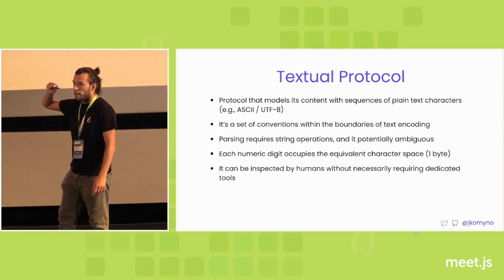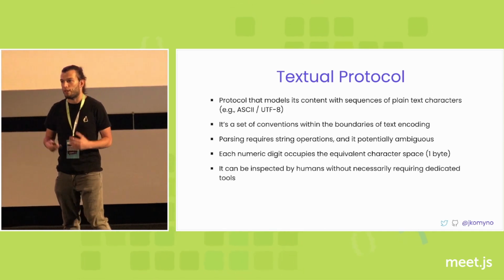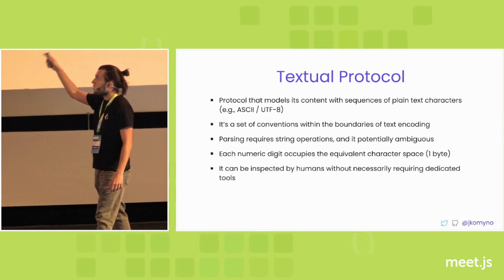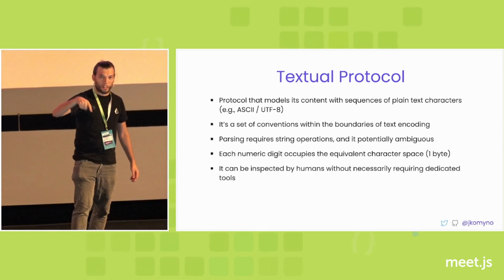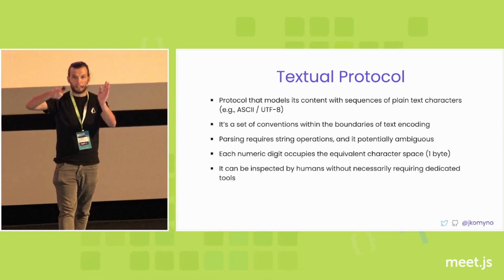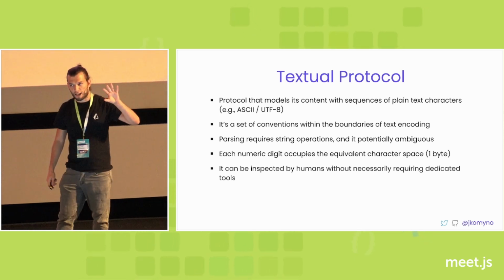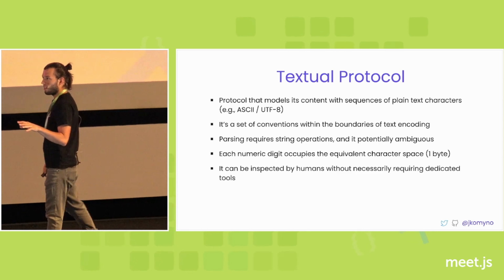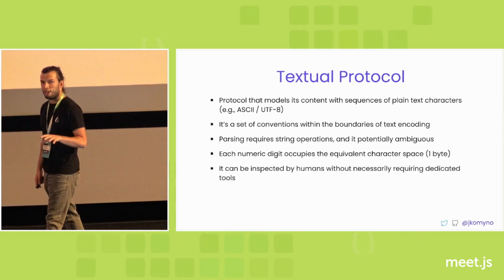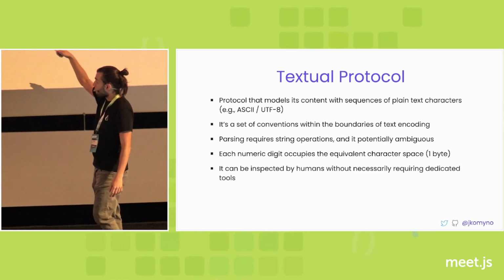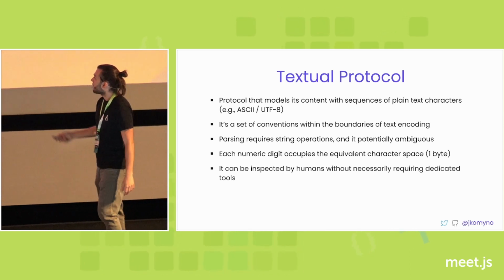And they tend to be very verbose, because numbers, for instance, are not represented as numbers. They are split down character by character. So rather than storing a 64-bit integer in 64 bits, so 8 bytes, it's stored as 64 characters.